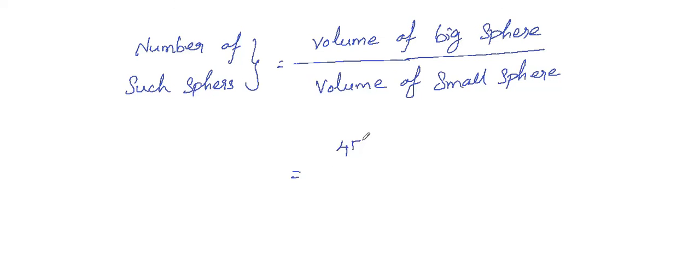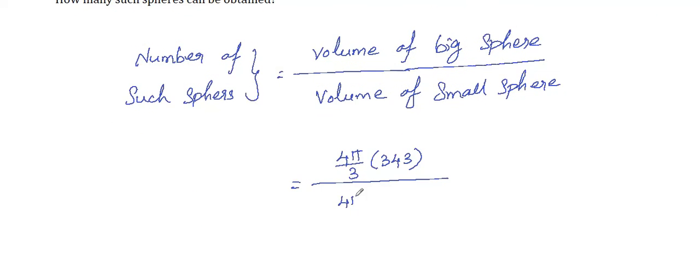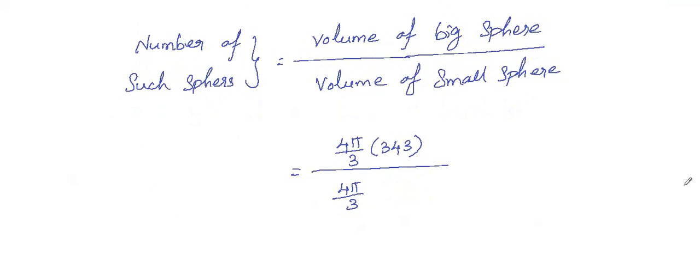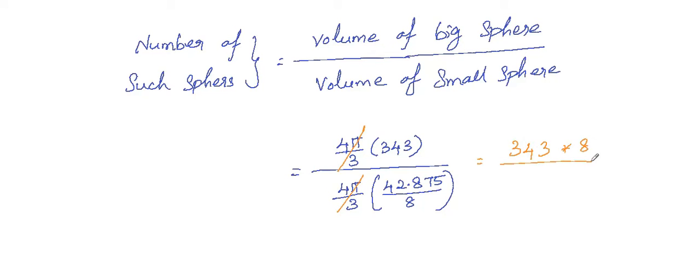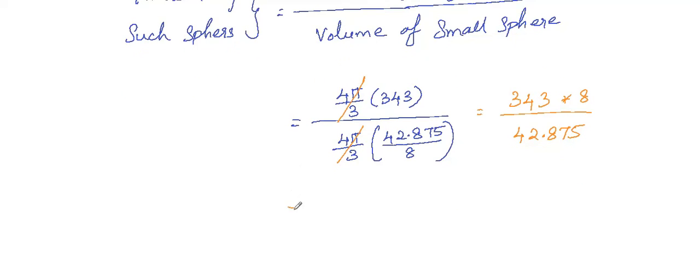So the volume of the bigger sphere we got as 4 pi by 3 into 343. Volume of the smaller sphere is 4 pi by 3 into 42.875 divided by 8. Here 4 pi by 3 and 4 pi by 3 cancel out, and this 8 goes to the numerator, so 343 times 8 divided by 42.875.